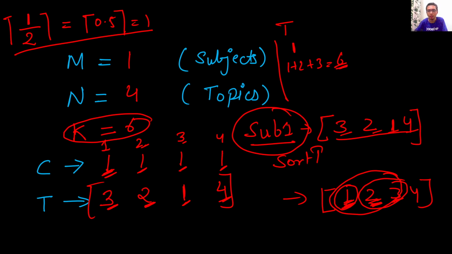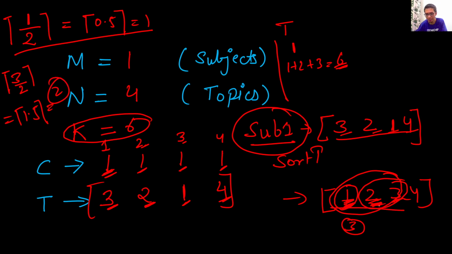So the marks in this case would be, we have 3 topics, 1, 2 and 3. So 3 upon 2 and the upper bound of this. So this is upper bound of 1.5, which is 2, right? So if I take these 3 topics, then now my score would be 2, right?